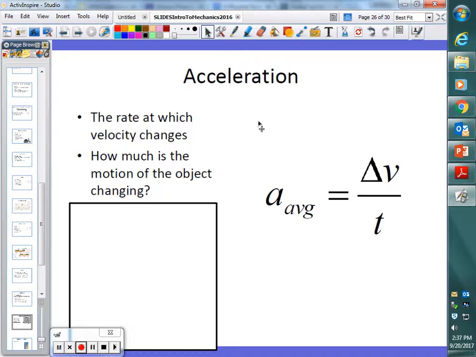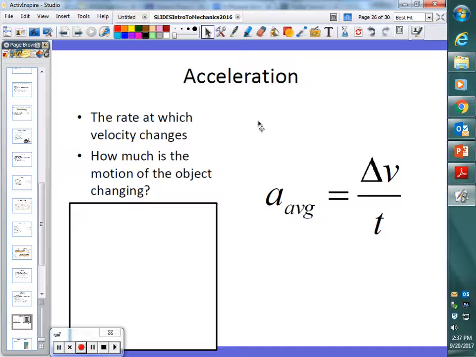How much is the motion of that object changing? How much is the motion of that object changing? That's the important part. It doesn't tell what's happening now. It tells what's going to be happening in the future. Right?